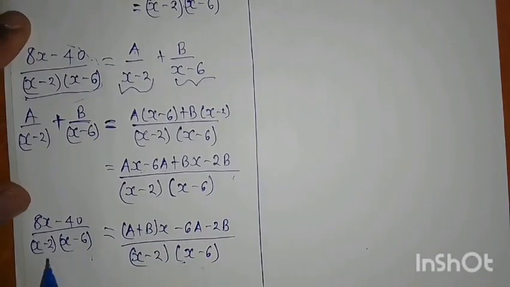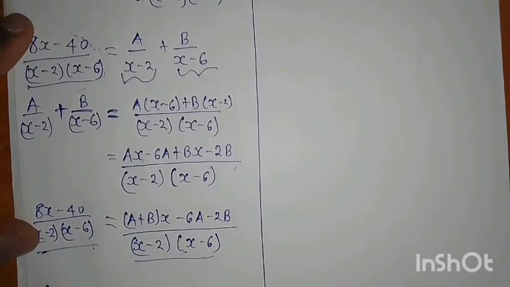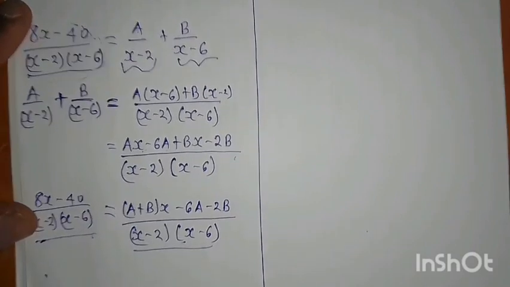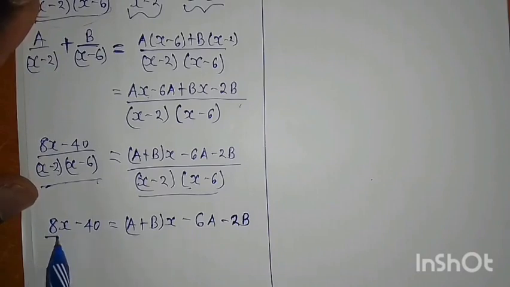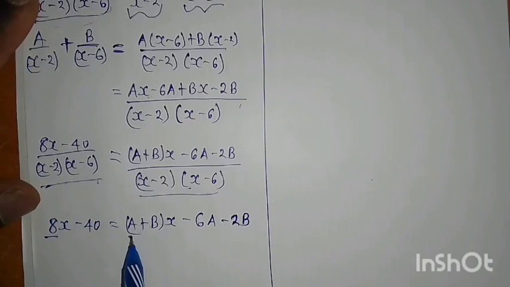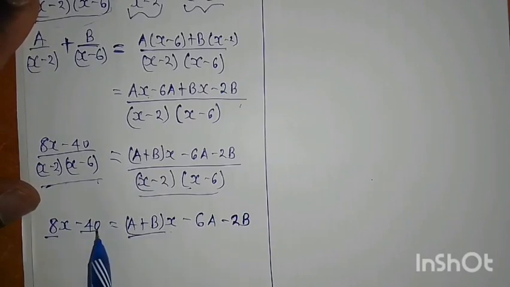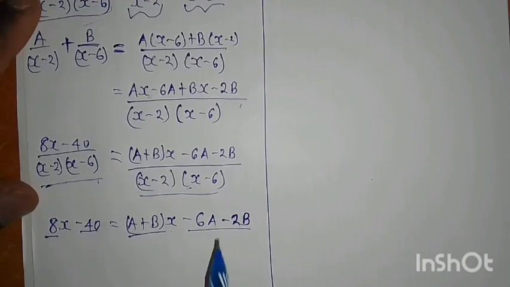Since these expressions are equal, let us equate the numerators. By equating the numerators, we establish the relationship that the sum of the coefficients of x on the left side will equal the sum of the coefficients of x on the right side. The sum of the constants on the left side equals the sum of the constants on the right side.